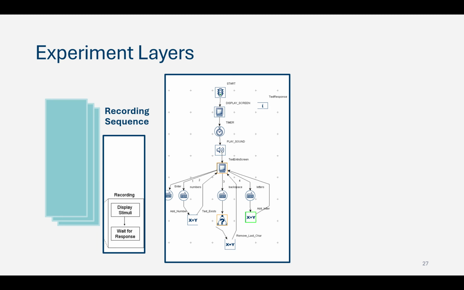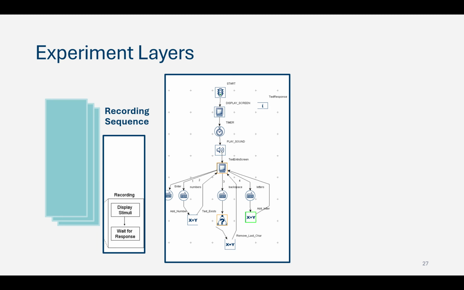In most experiments, there is a short period of time in which you actually care what the pupil is doing. And that short period of time is all that needs to go in the recording sequence. So you will display the stimulus and wait for the response, typically.